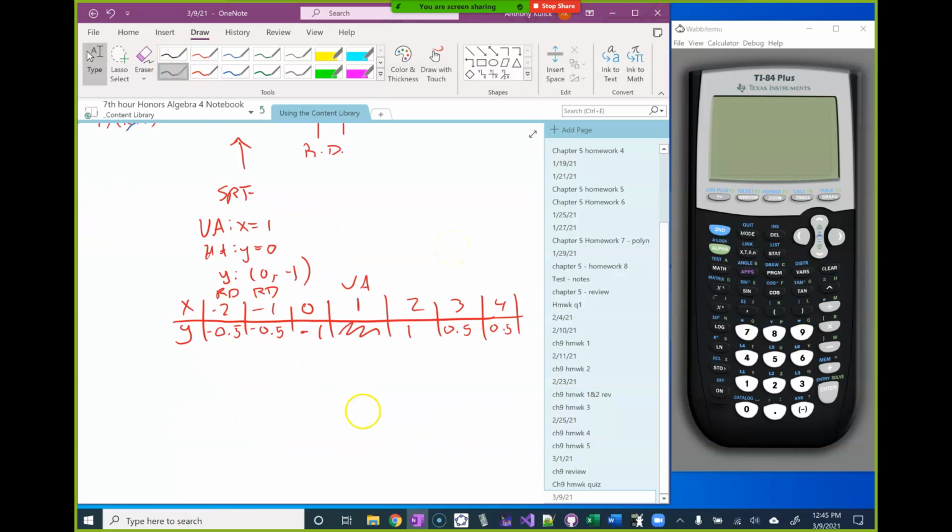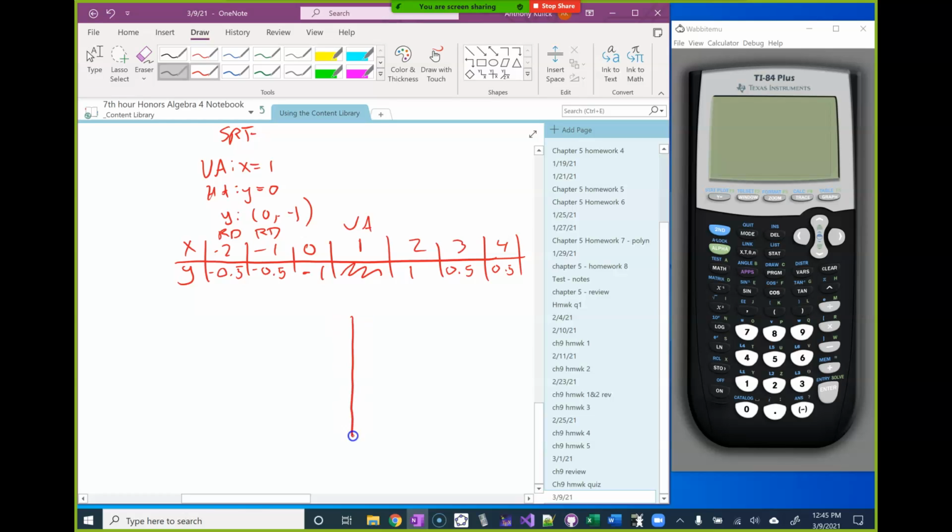All right, so let's see. 1, 2, 1, 2, 3, 4. And I'm going to go by halves or something. So I have my vertical asymptote. I have my horizontal asymptote. I'm going to plot my points.